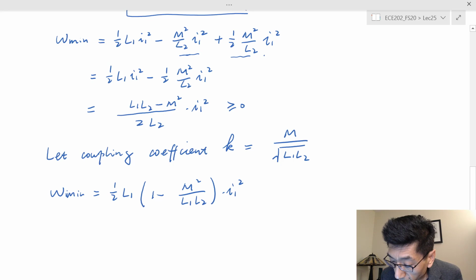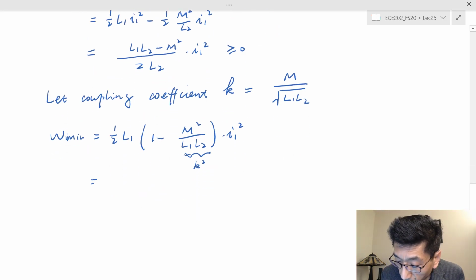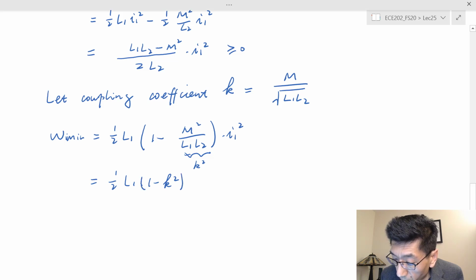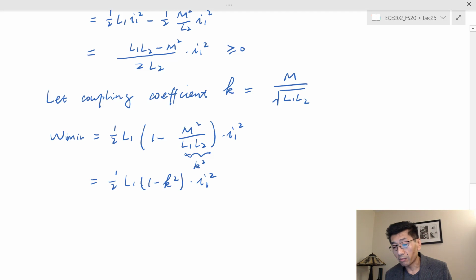And if you recognize, this should be equal to k squared, therefore half of L1 times 1 minus k squared times I1 squared. So this is the minimum energy if I1 is fixed, is given, and I2 is allowed to vary.